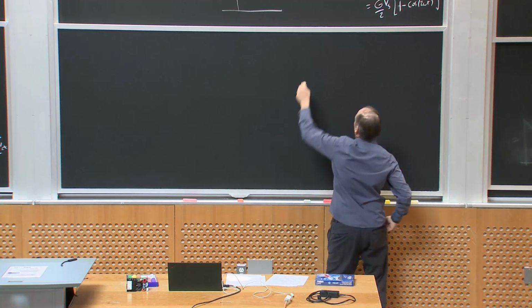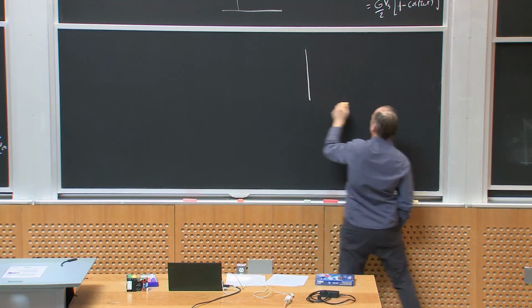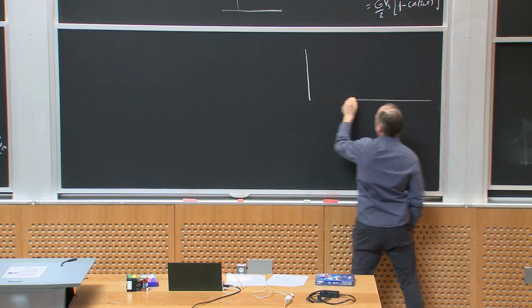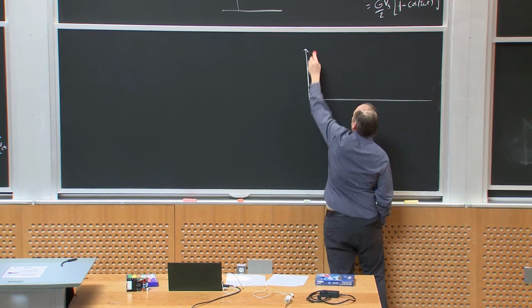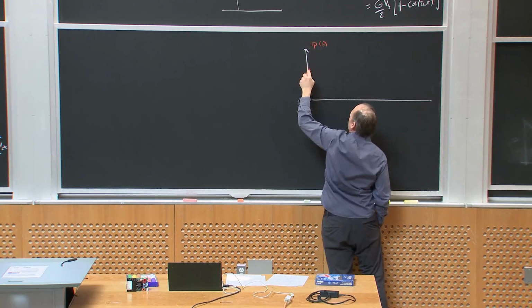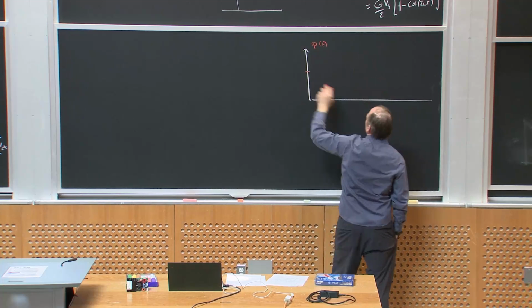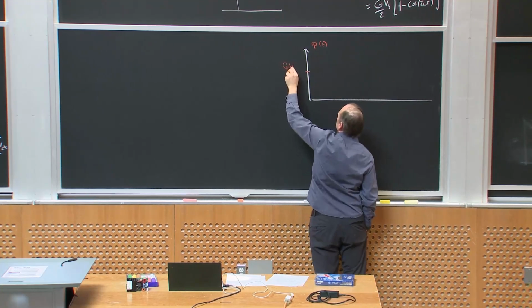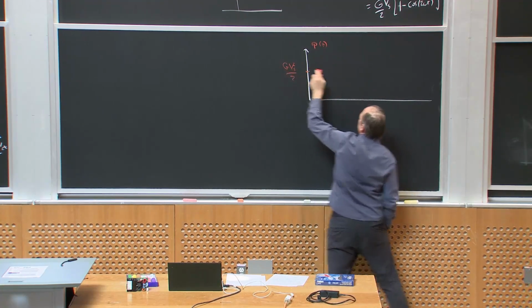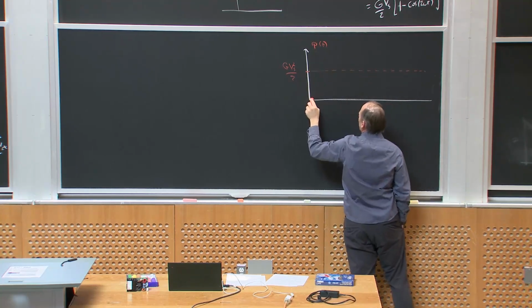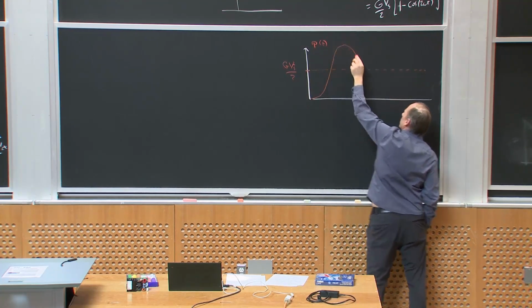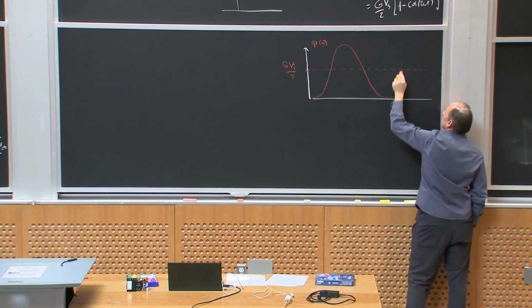So if I were to draw that out for you, what the power would look like is this. So this is P of t. It would have an average value that's G Vs squared over 2, and then it would pulsate up and down like this.